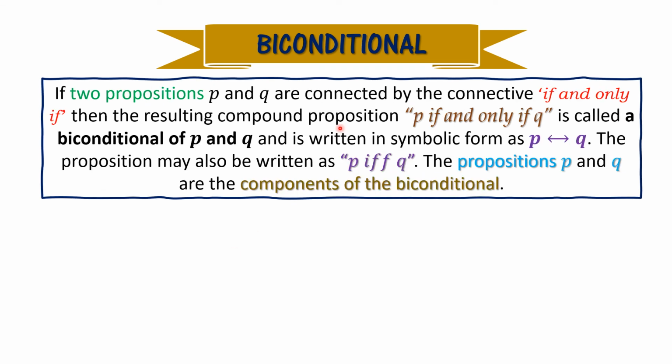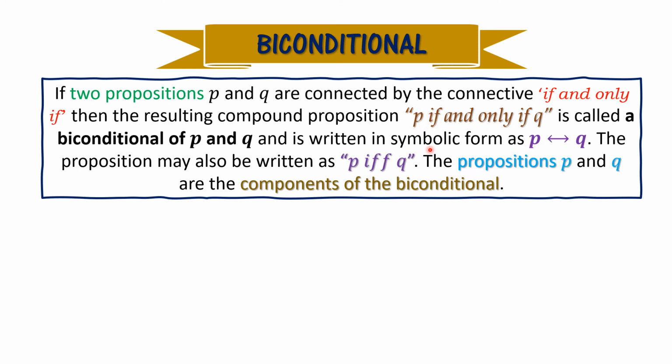Next, last one, the biconditional statement. We can say that a proposition is a biconditional statement when two propositions P and Q are connected by the connective if and only if. Okay, take note of that connective. Then the resulting compound proposition would be like this.